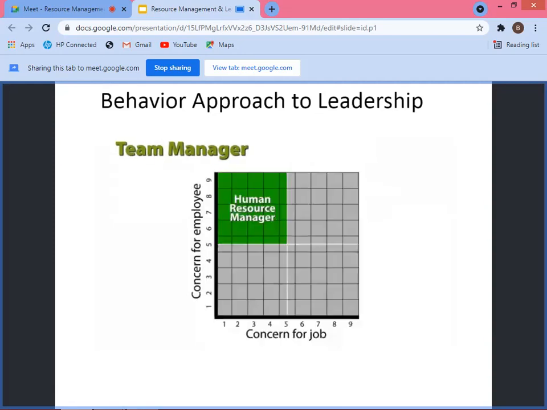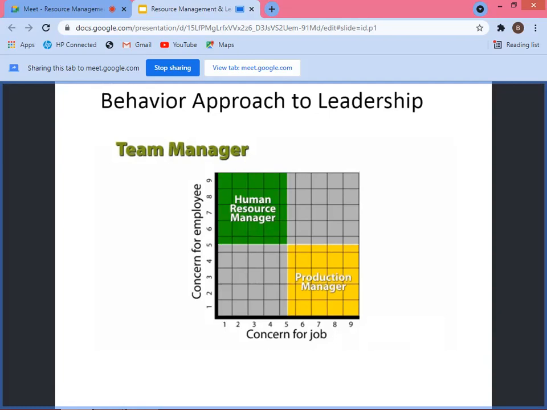Yeah, like that one. Human resource manager, more concerned for employees rather than the job. Okay. And the task manager or the 9-1, more concerned for the job and low concern for the employee, is the production manager. One classic example.